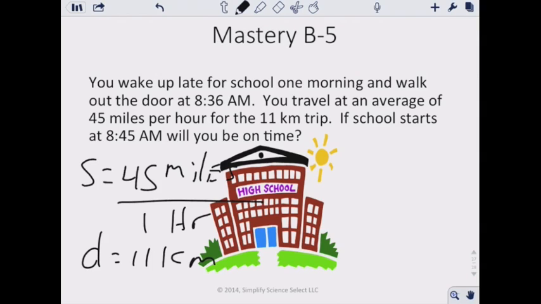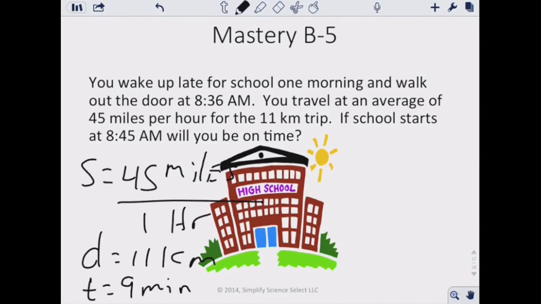And it's also giving us a time, which is 8:45 when we have to be there, and we left at 8:36, and so therefore we have a time of 9 minutes. And so to figure out if we're going to be on time, we need to look at how long it will take us to travel those 11 kilometers.